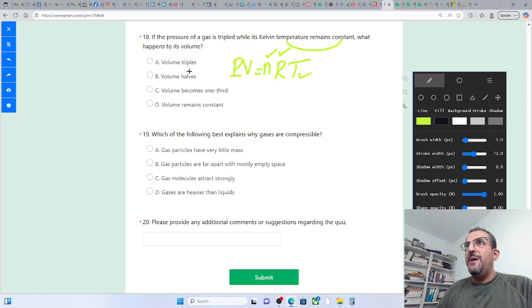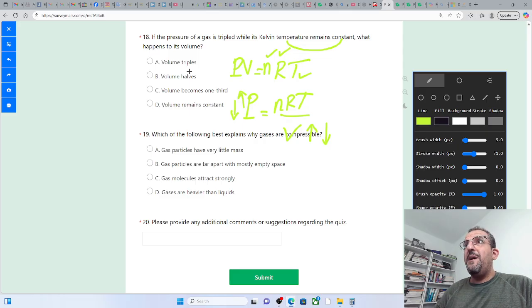It is constant. You will see now that the relation between pressure and volume will be like this. Pressure is equal to nRT divided by volume. If the volume is going up, the pressure is going down. If the volume is going down, the pressure is going up. So it is an inverse relation.